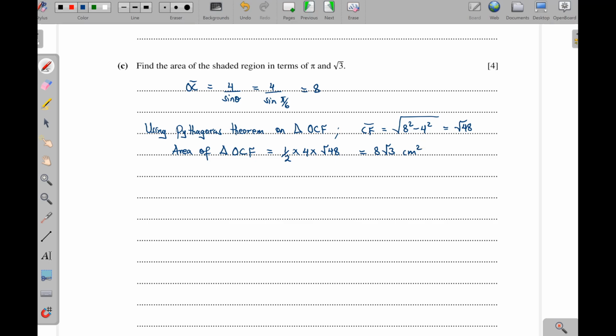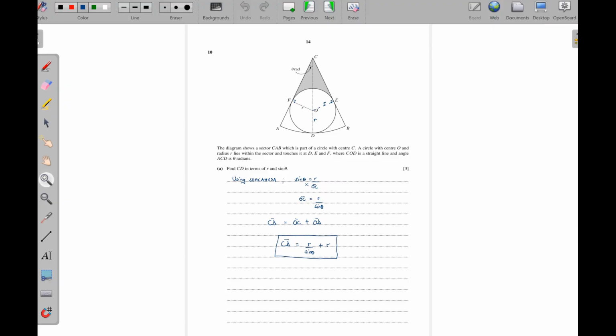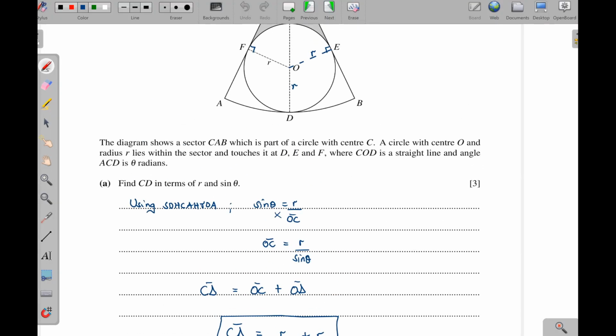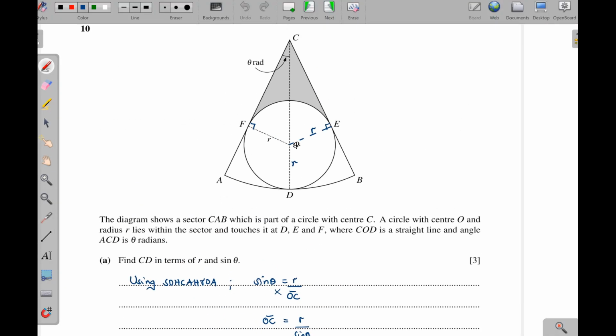Now, after that, we can now have area of the whole quadrilateral. Area of, now the quadrilateral here is OECF, okay?